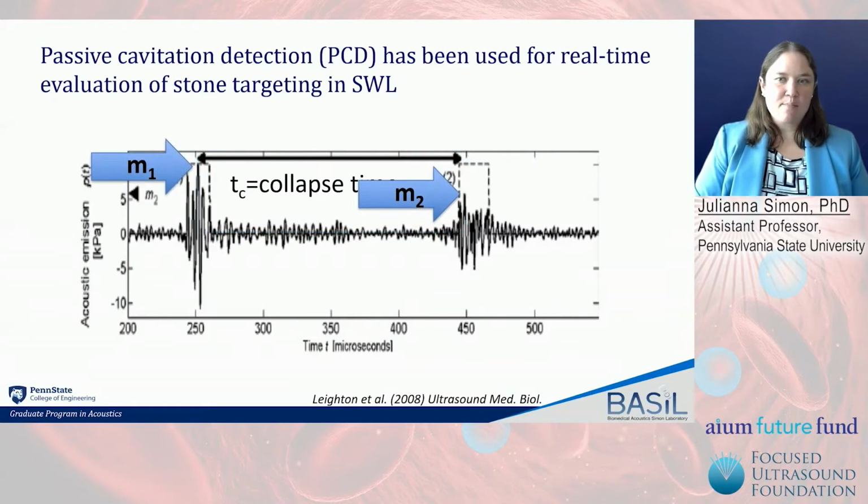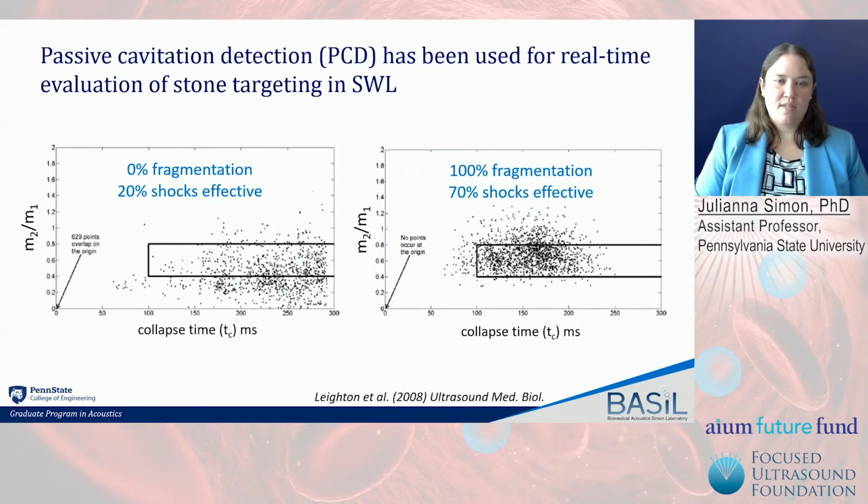We also have these amplitudes of M1, that time for the first scattering from the shock from the stone, and the M2, which is the cavitation collapse rebound. And the ratio of those also can indicate whether the stone is well aligned. This is supported in their results that showed that this black box is kind of the ideal case of collapse time versus the M2 to M1 ratio.